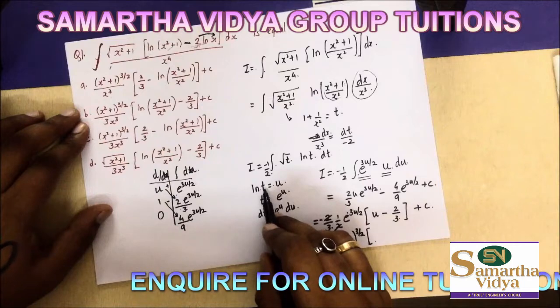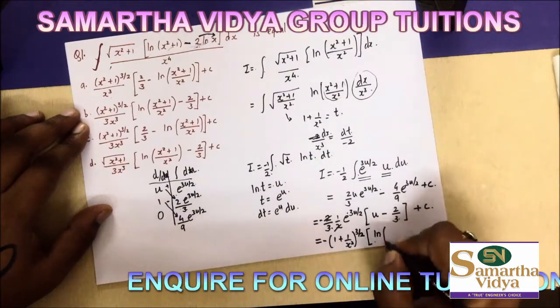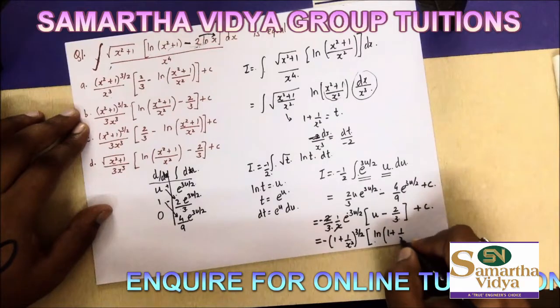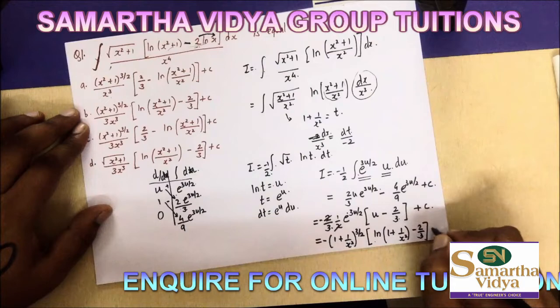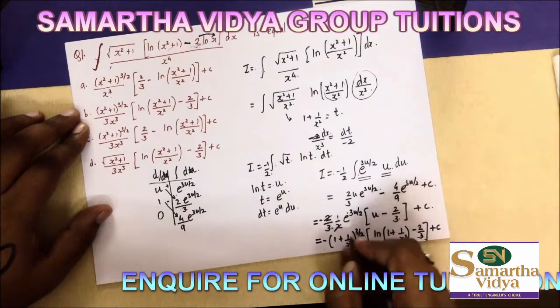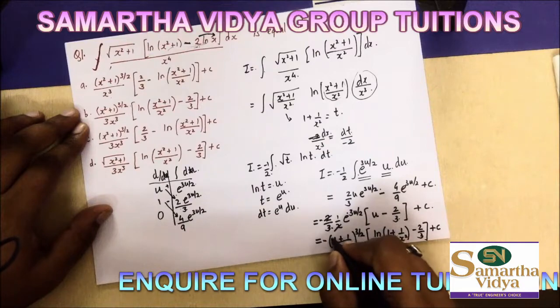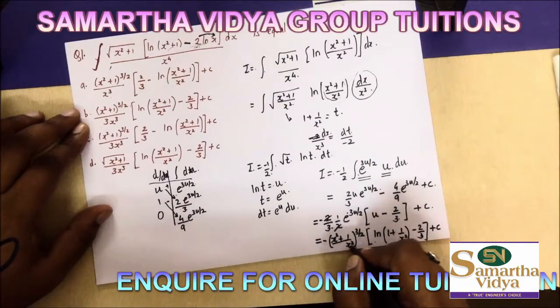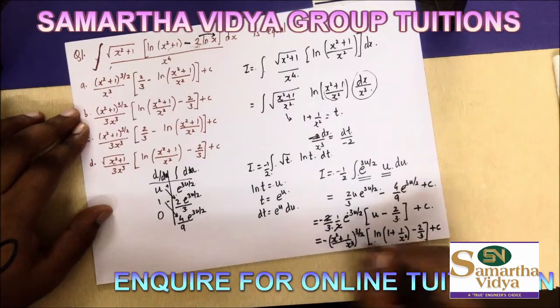U is ln t, but t is this, so we'll write this as ln of 1 plus 1 by x square, minus 2 by 3, plus c. Now if I take LCM of this, it's going to be x square plus 1 upon x square, and when the 3 by 2 is applied, it's going to be x cube.